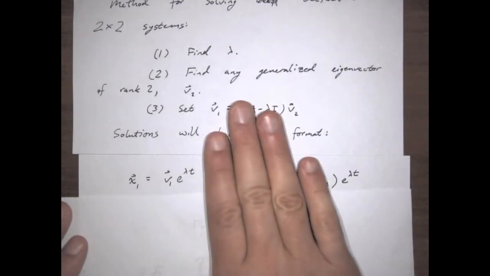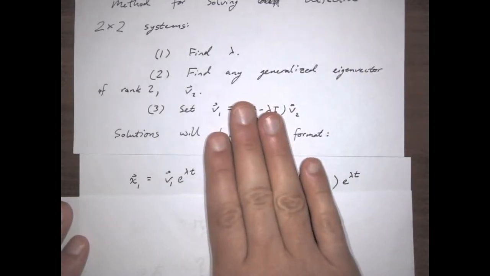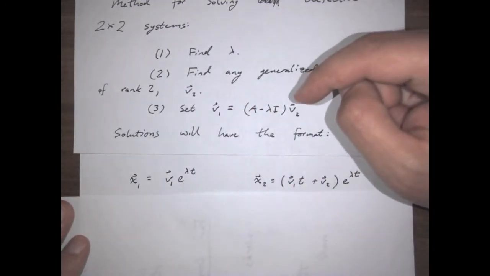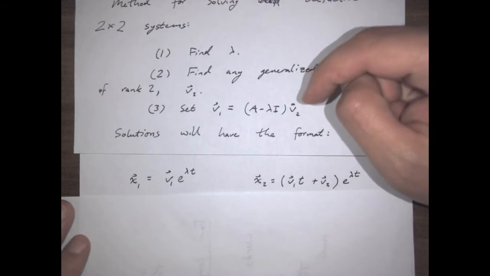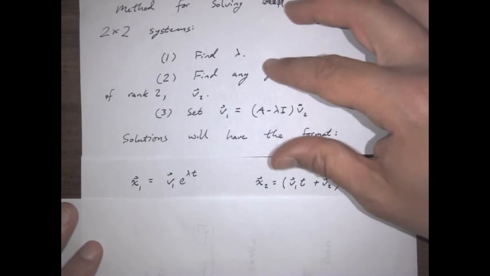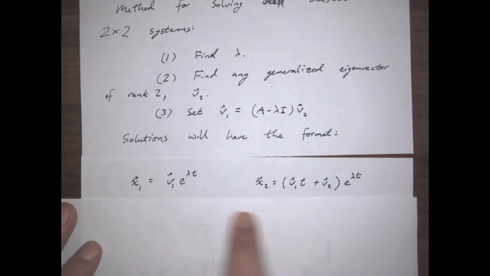So nothing new here. This is totally regular. v1, by this construction, is actually going to end up producing an eigenvector.